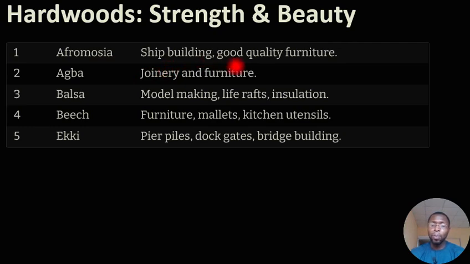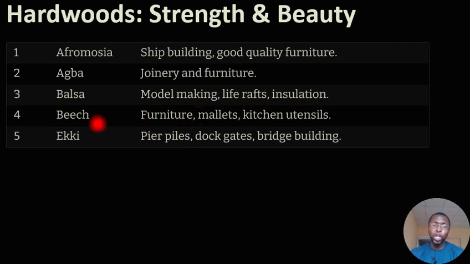We also use it in making good quality furniture. Then we have the Agba. The Agba hardwood is used for making joinery and furniture. And then another type of hardwood is the balsa. The balsa hardwood is for model making, life rafts, and for insulation.